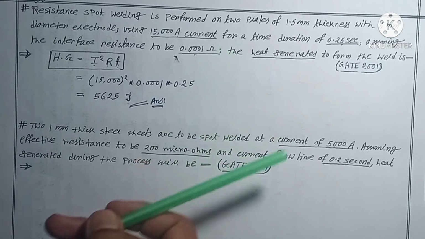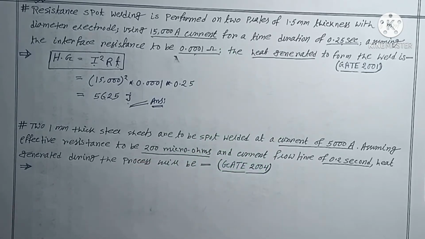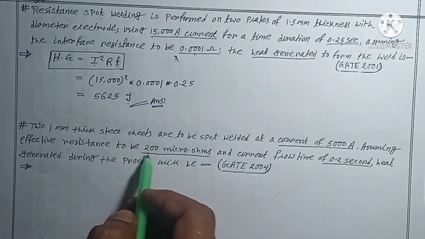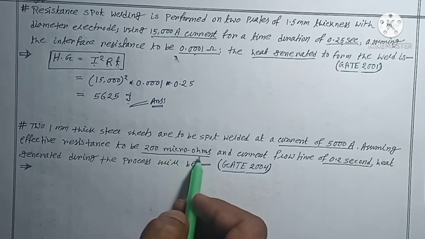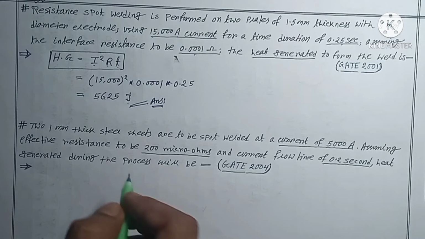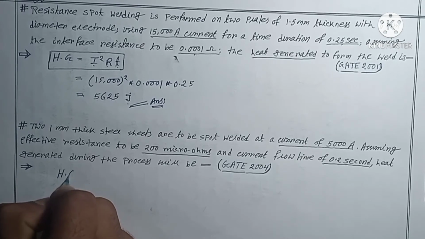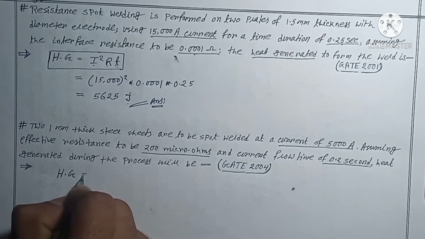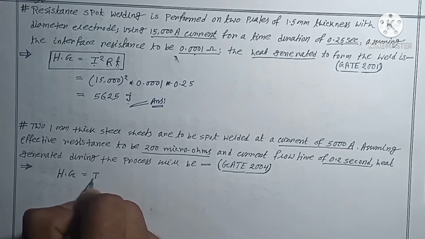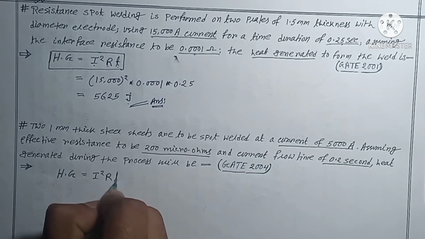Basically both questions are the same. There is only a small change here, the unit of resistance in micro ohms. So I'm just taking this question for your better understanding. So the same formula, heat generation is equal to I²RT.